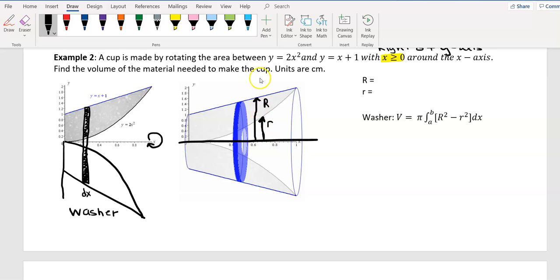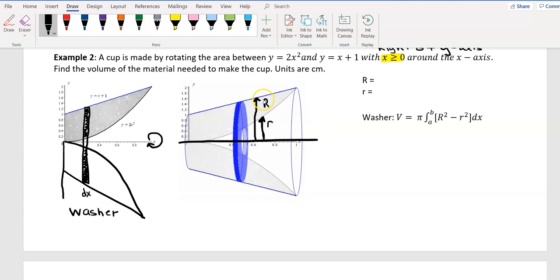Again, if you look at this diagram we have here, the linear function is on top and the quadratic function is underneath. And so that reinforces the idea of your outer radius, in this case being on top, and your inner radius being on the bottom. And again, that's when you're doing things in terms of x.